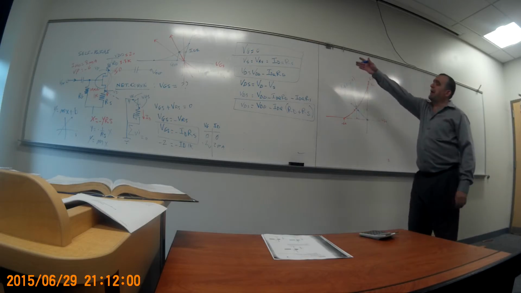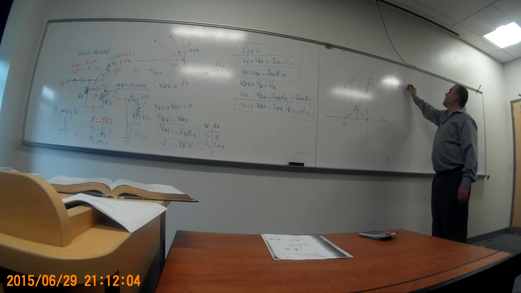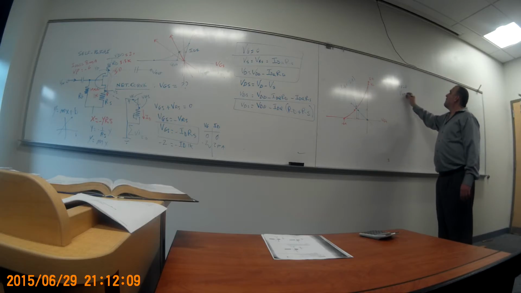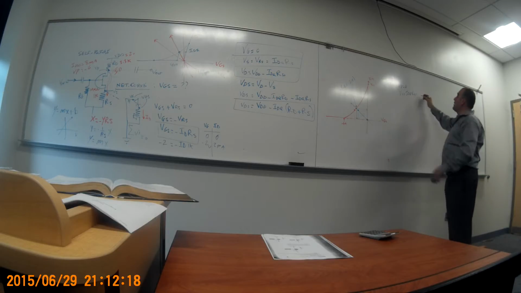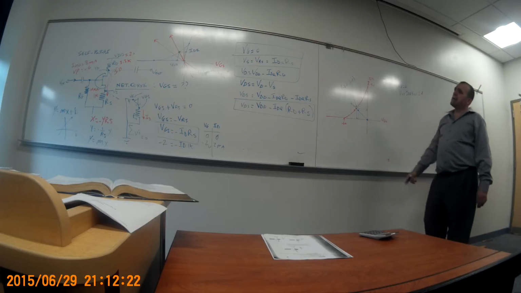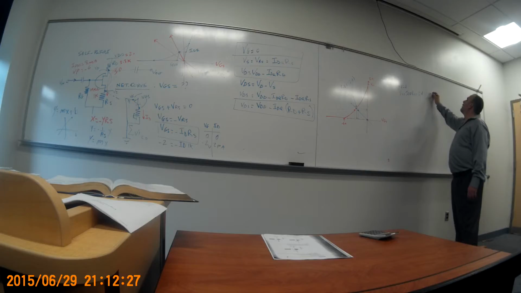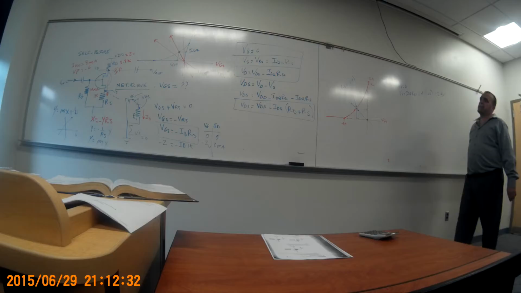I go back to my equation. Therefore, VG equal 0. VS is IDQ RS, and IDQ I found it to be 2.4 multiplied by 1K, that gives me 2.4 volts.